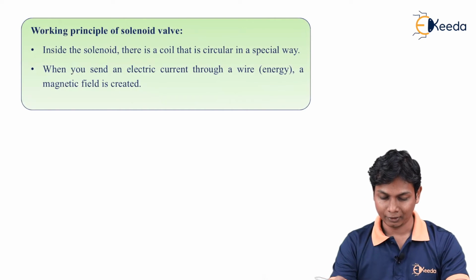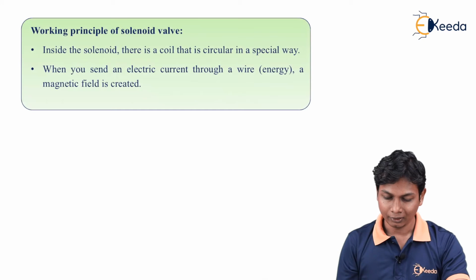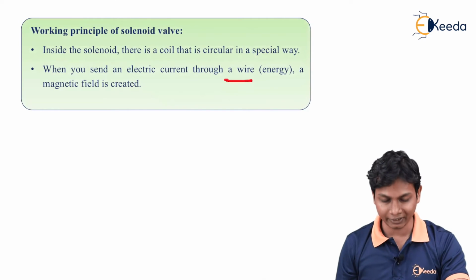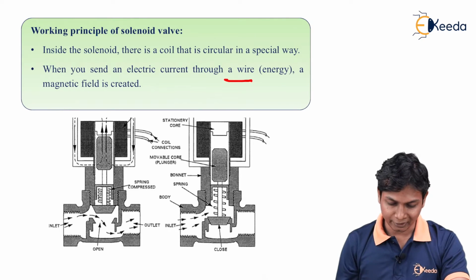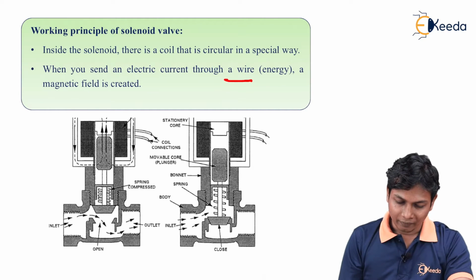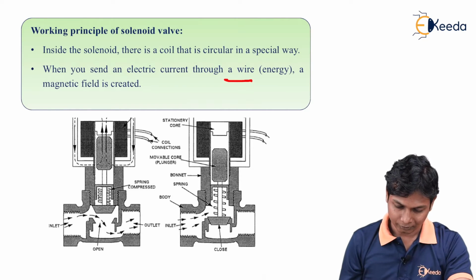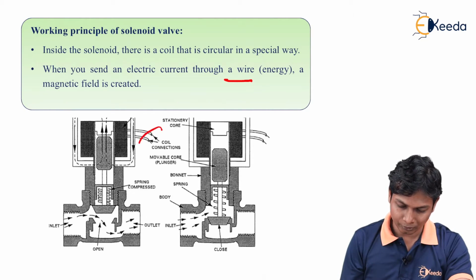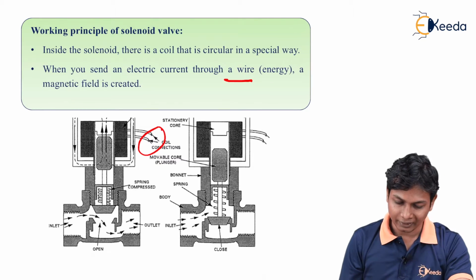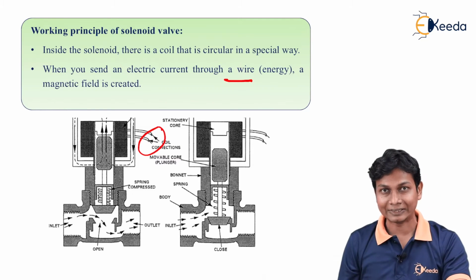When you send an electrical current through a wire, a magnetic field is created. When electrical current is sent, then and only then is the solenoid valve actuated.